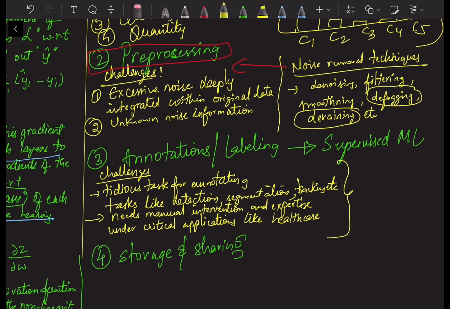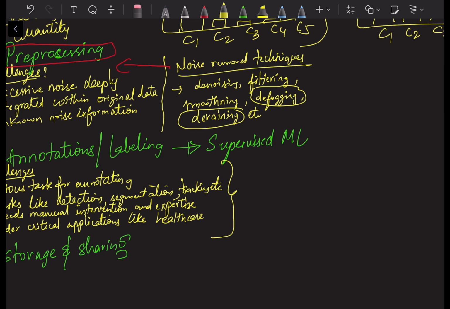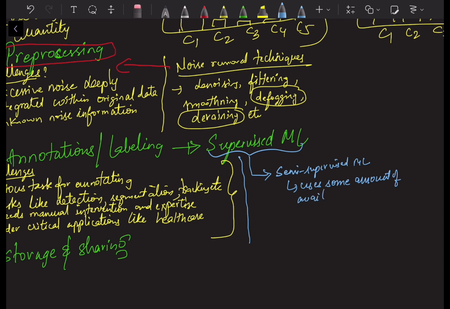Now, for solving these challenges, there are available methods. Basically, they come from the subsets of supervised ML. There is a method called semi-supervised ML, which uses some amount of labeled training data and the large amounts of unlabeled data which we currently have to train an ML model.